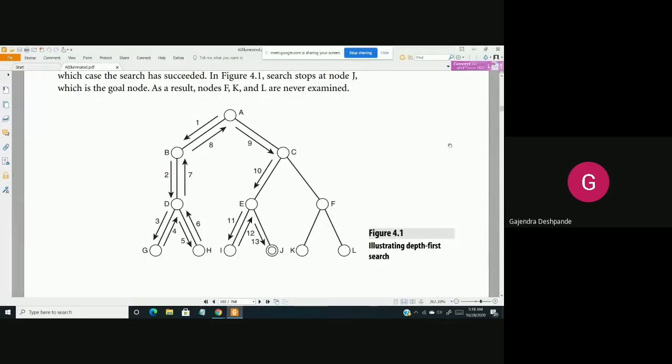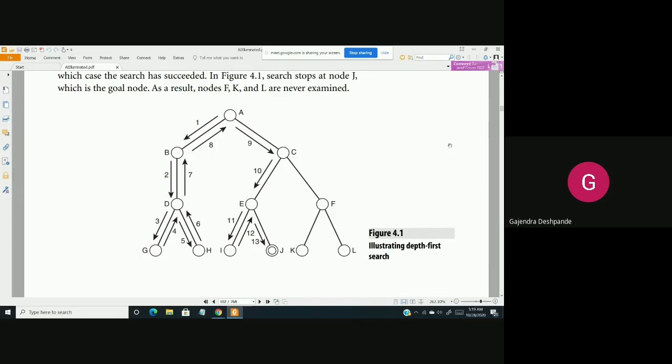Okay. Then there's a practical application where DFS can be applied. So whenever you are searching for files or folders on your computer system, it uses the DFS technique. Okay. So first it searches for a particular file in a particular folder. So if it is found there, it will stop.